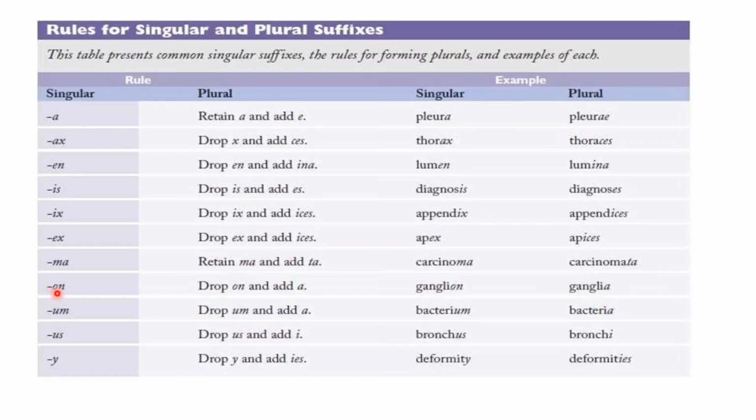If the singular suffix is -on, then drop on and add a. For example, ganglion, so the plural will be ganglia. If the singular suffix is -um, then drop um and add a. For example, singular bacterium, but the plural will be bacteria. Another example: if the singular suffix is -us, then drop us and add i.